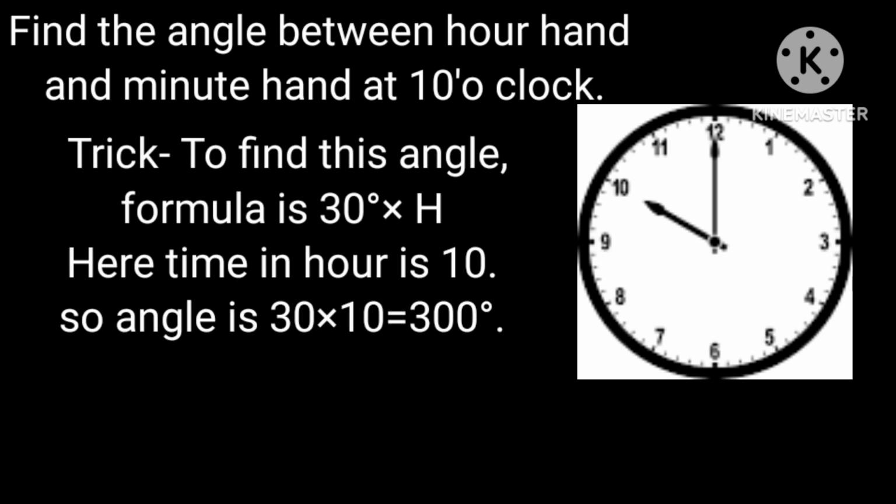The trick is we use the formula 30 degree into time in hour to find this angle. Here time in hour is 10, so the angle is 30 multiplied by 10, it is 300. So the angle between hour hand and minute hand is 300 degree.